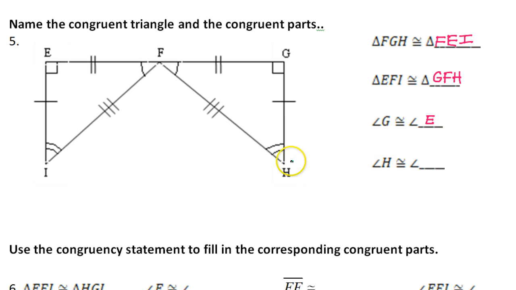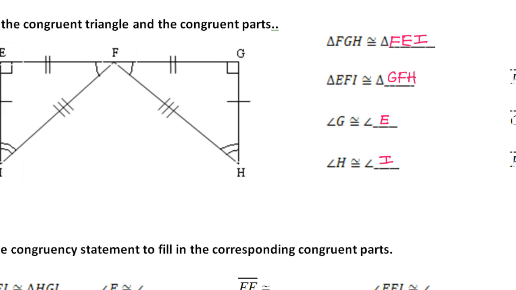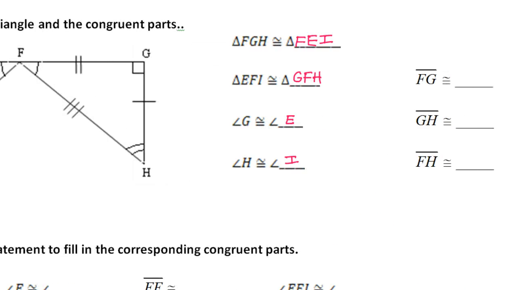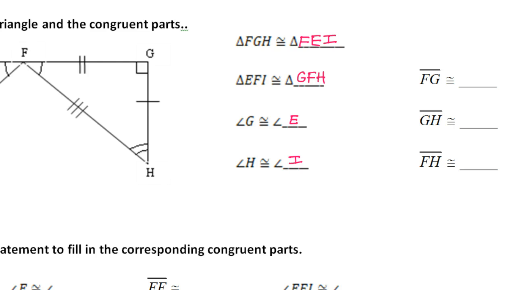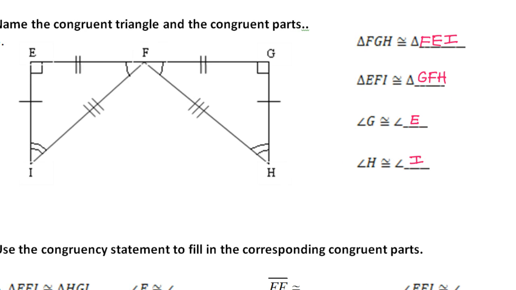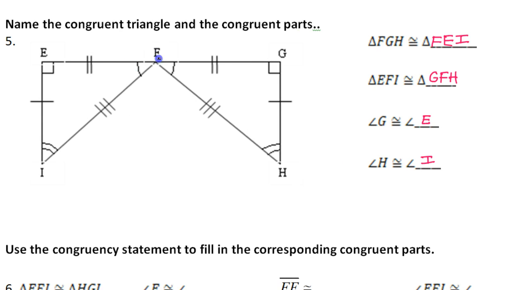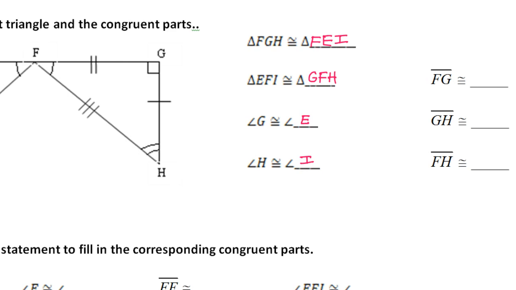And angle H is congruent to angle I in the other triangle. Okay, and then we've got a little bit more over here. Let's do segments. Segment FG. Okay, so here's segment FG, and that's congruent to segment FE. Alright, they're both the double marked.